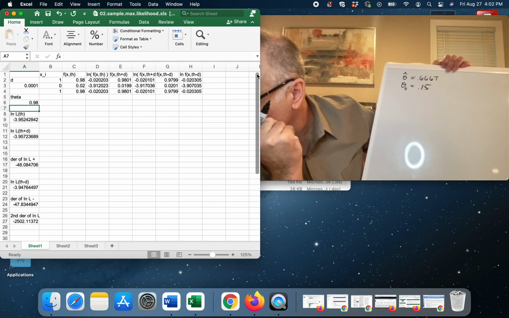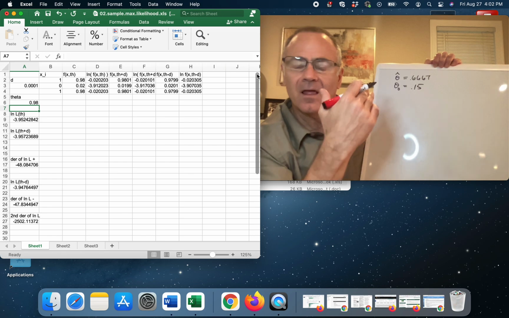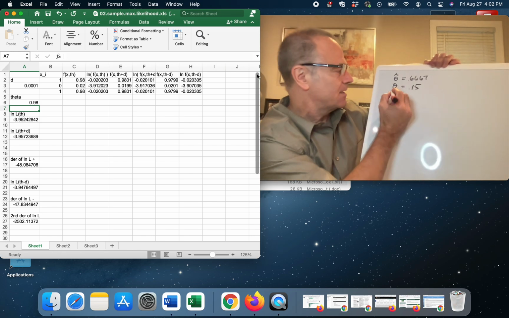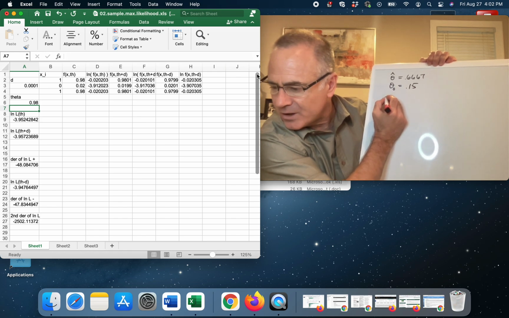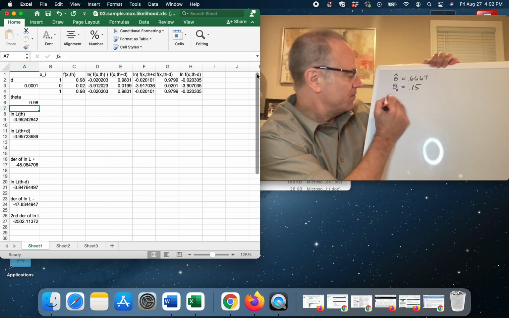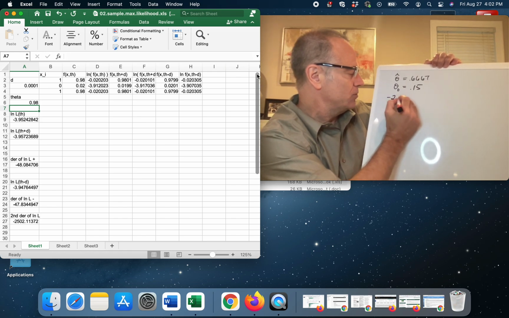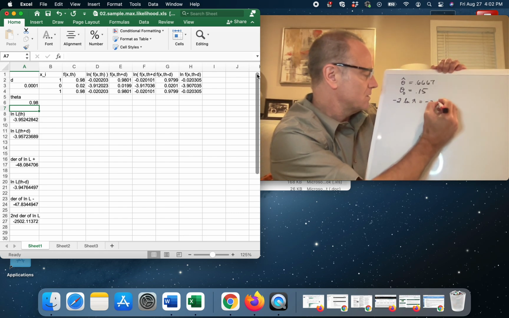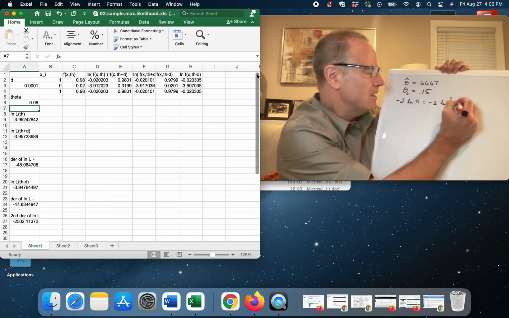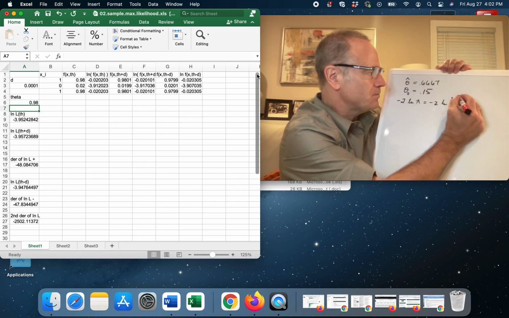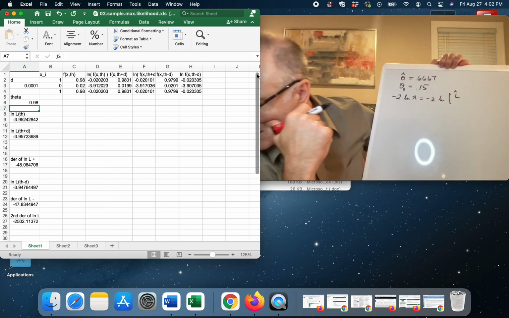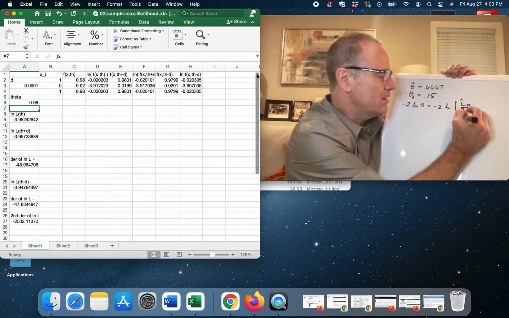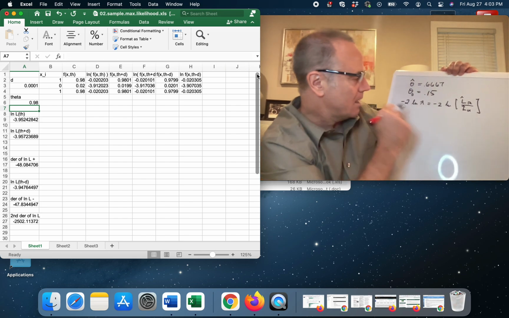When we do that, the value of our test statistic just equaled negative 2 times log of lambda, and negative 2 times log lambda just equaled L hat R divided by L hat U.